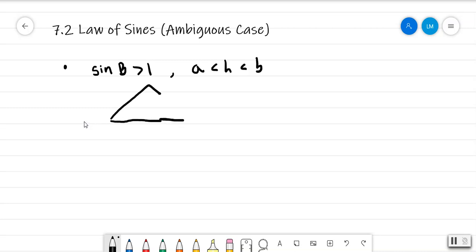So this is not a triangle at all, because there's your angle A, and there's your side B. So we can tell that B is greater than A. And then furthermore, there is the height right here, but that doesn't really give us anything. So we'll say that there is no triangle.